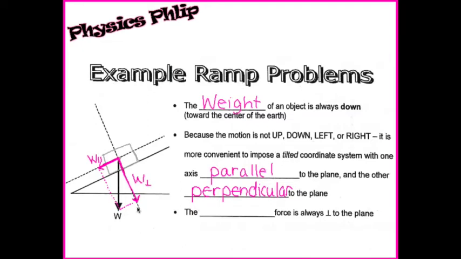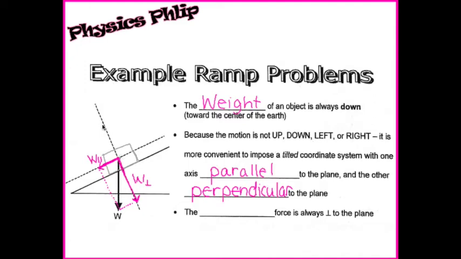And then you can tell the block pushes on the ramp and the ramp pushes on the block. That's the normal force. But the ramp's not pushing straight up, it's pushing this way. That's what normal means, perpendicular. It's supporting it perpendicular to the surface. So the normal force is not equal to the length of weight.